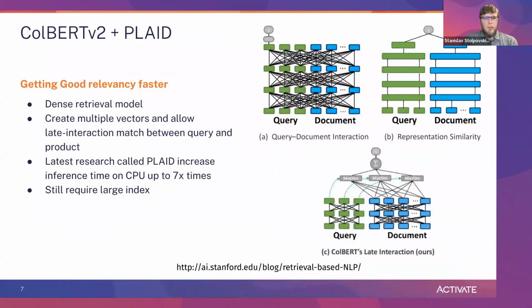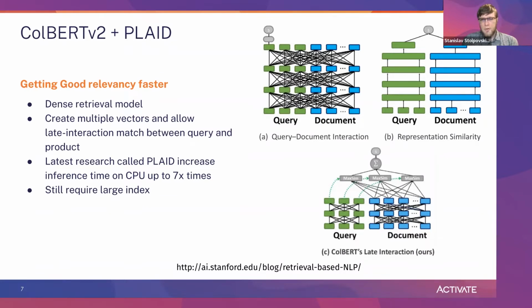The second important thing I want to mention today is the evolution of the ColBERT model. ColBERT is an evolution of the dense retrieval model, which all started from the DSSM model and quickly became a more sophisticated approach. In ColBERT, we have not a single vector for the document and the query. We have multiple vectors for the document and the query, which have late interaction between each other in the late phase when you have a query and the products.